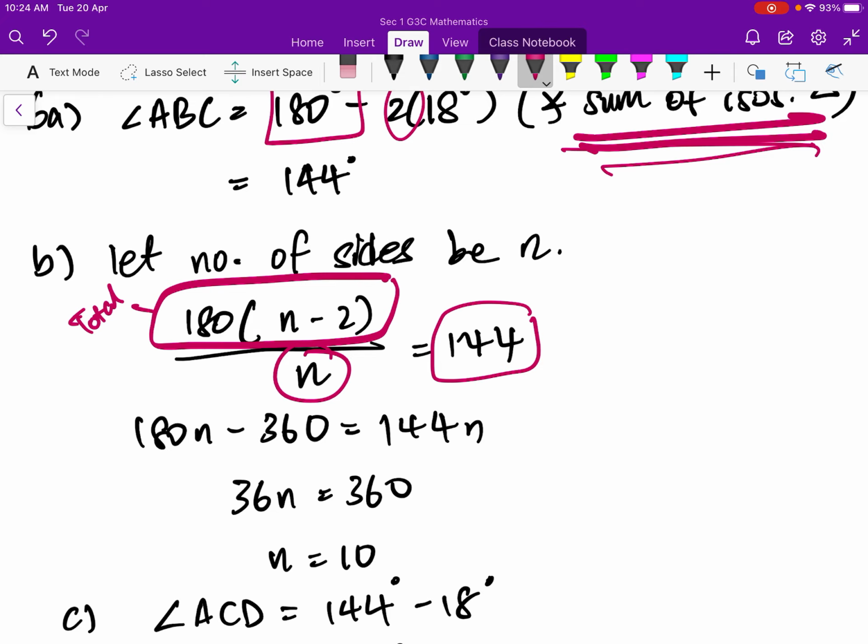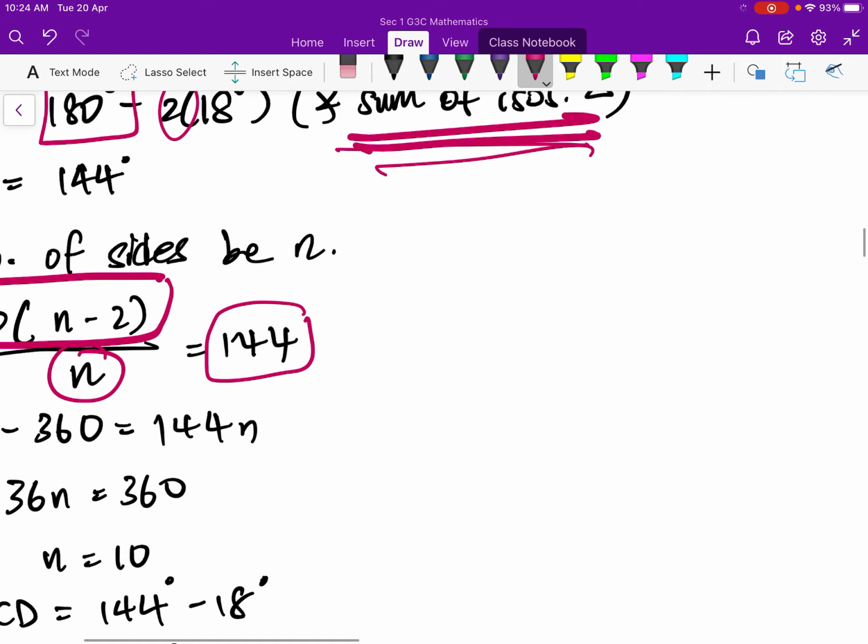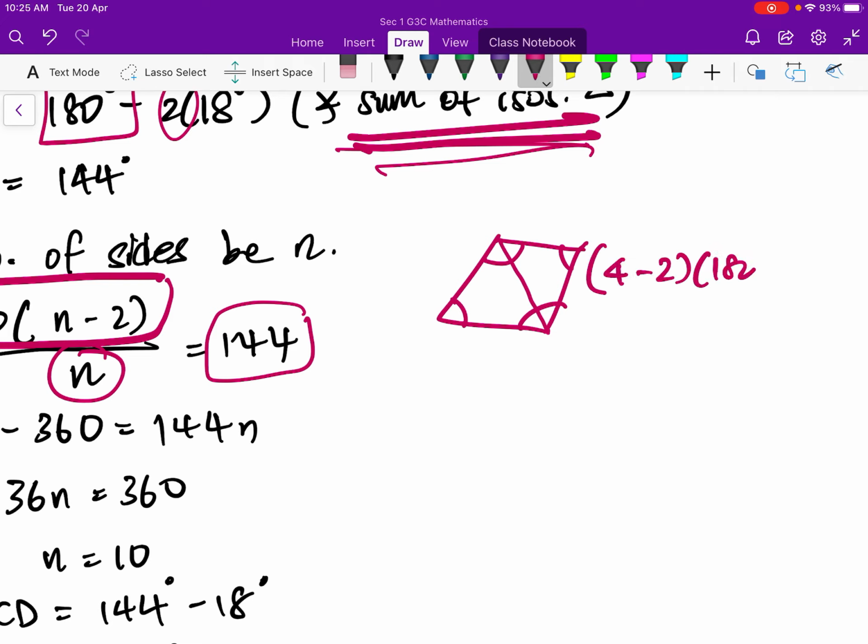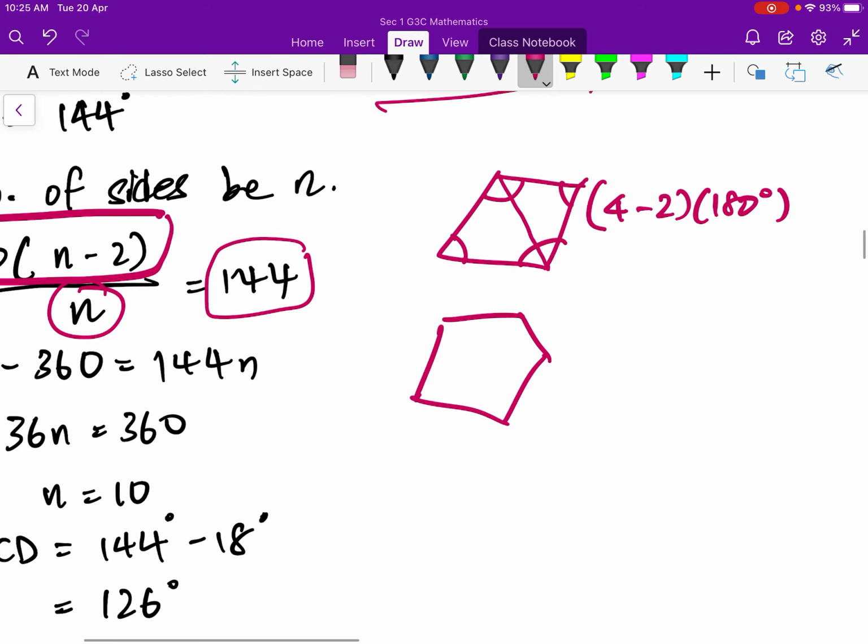Okay, recap of why it is 180 times n minus 2. Because for a 4-sided figure, you can divide it into 2 triangles. So the total angle will be 2 times of 180. So 4 sides minus 2 to get 2 triangles times 180. That will be the total angles inside. If I have a 5-sided figure, any 5-sided, not regular, doesn't matter, you can divide it into 3 triangles.